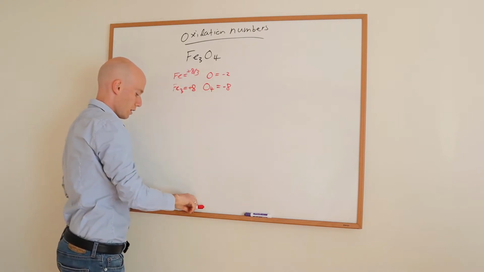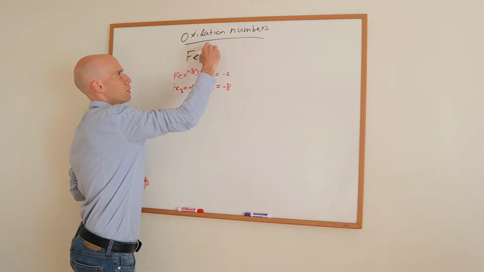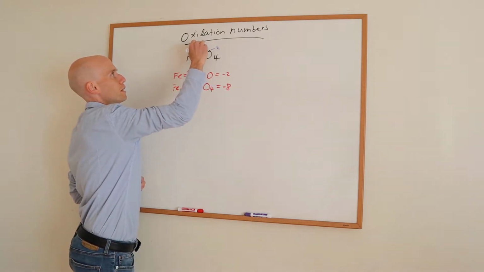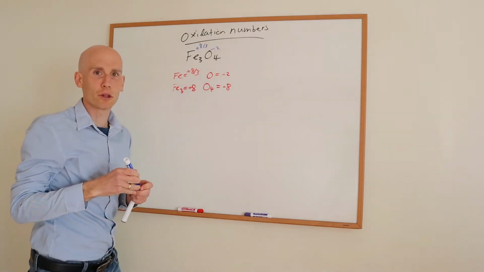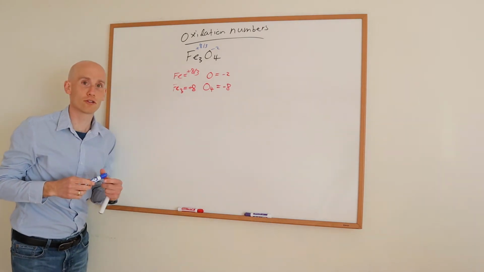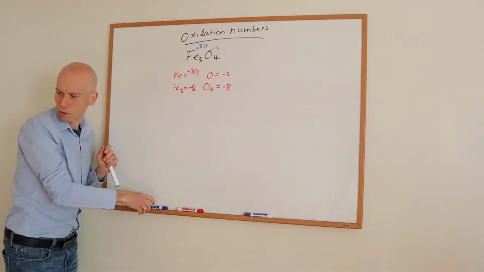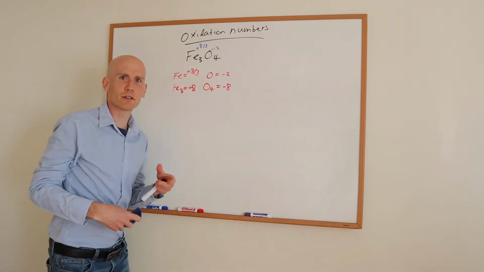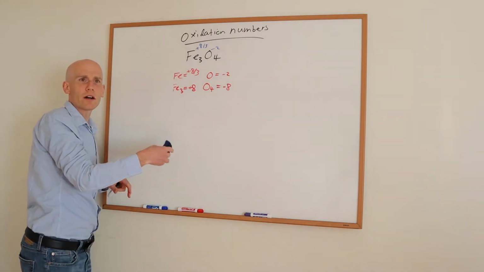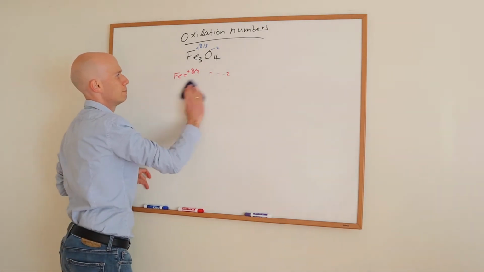So I can easily put that oxygen is -2 each, and iron is +8/3 for each individual ion. Okay, that's pretty quick. Hopefully it gets you a little more comfortable because we're going to be using quite a lot of oxidation numbers today.